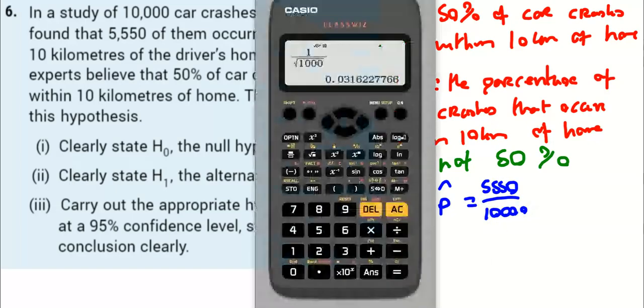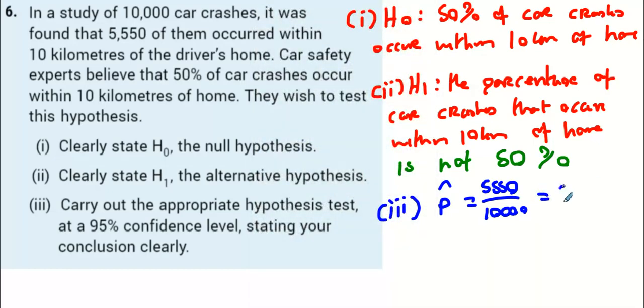And you can put that as a percentage if you want, because at the end of the day, the answer seems to be in percentages. So I'd say that's 55.5%. Everybody happy enough with 55.5%? Or 0.0555.